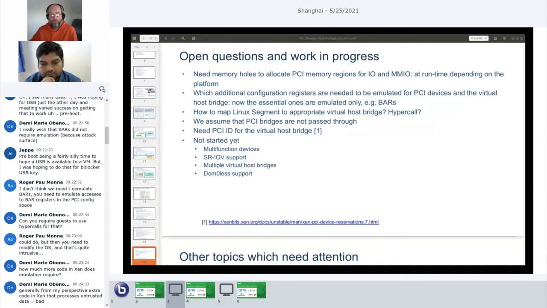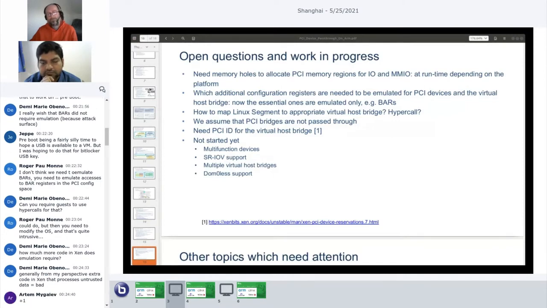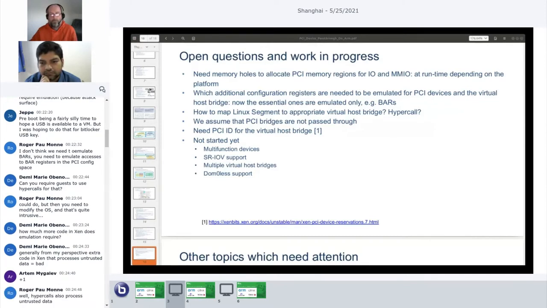I think it would be reasonable to try and plan multiple in right from the start. We're now starting to see hardware that does have multiple PCI domains or segments in it, even if they're not surfaced terribly well at the moment.